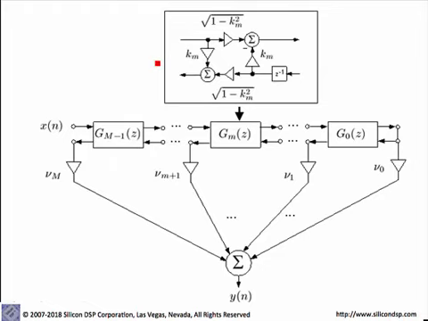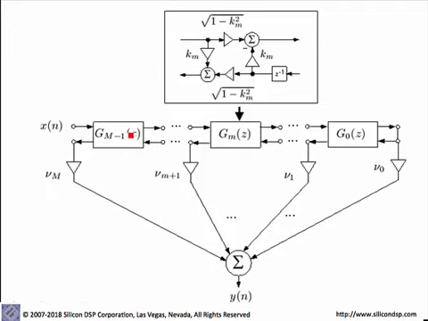Without going into too much detail, basically Captain takes the design of an IIR filter, requiring that the order for the numerator and denominator, that is for the poles and zeros, be equal, and derives the lattice coefficients k sub m, and then implements this structure here, which is called the normalized lattice structure.